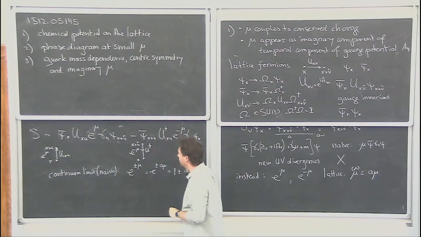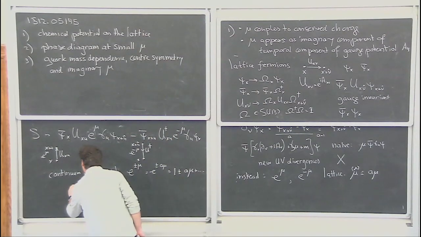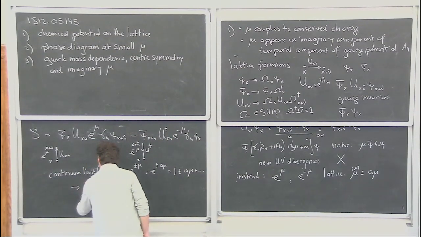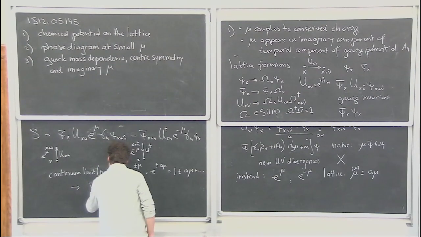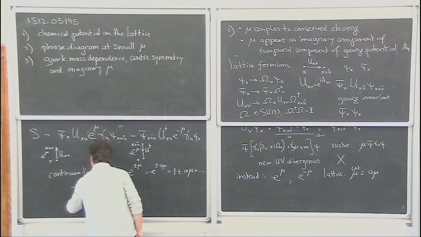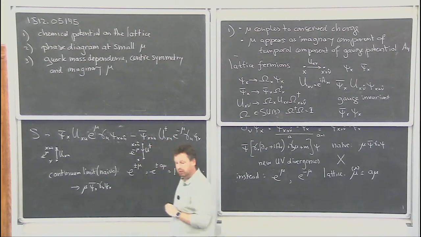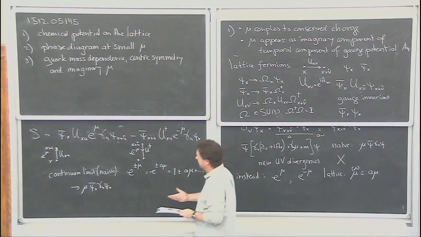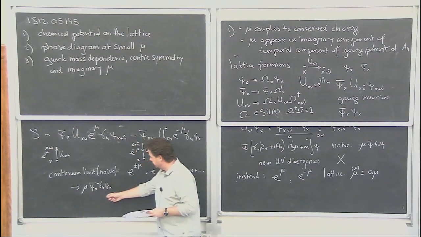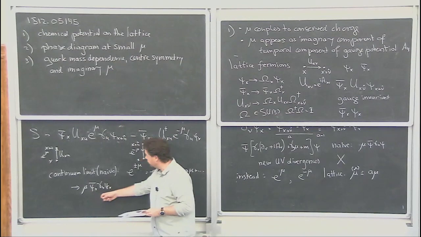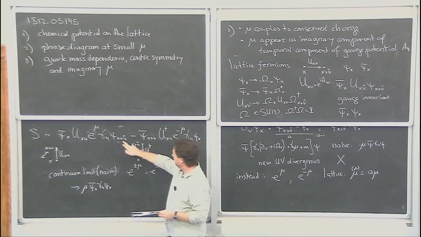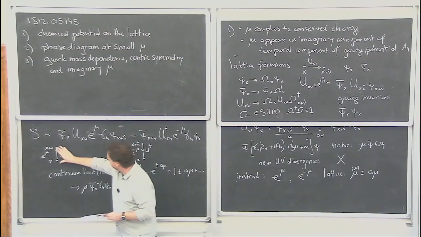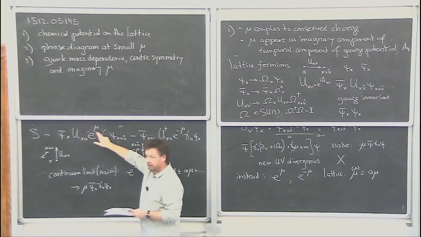And so I end up exactly with psi bar x gamma 4 psi x times mu. So in the naive continuum limit, I exactly get the chemical potential coupled to the continuum charge density by taking the lattice spacing to 0, shrinking this length to 0 and expanding this exponential.